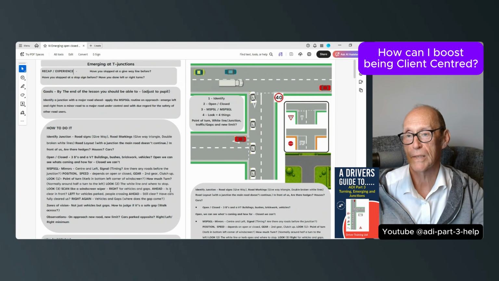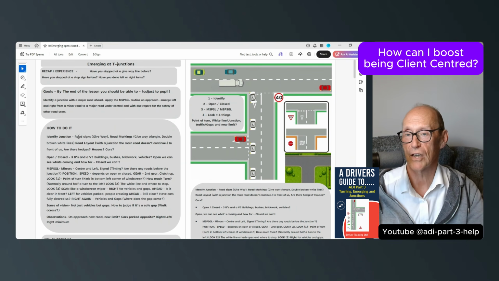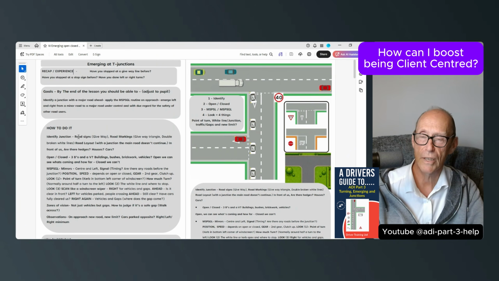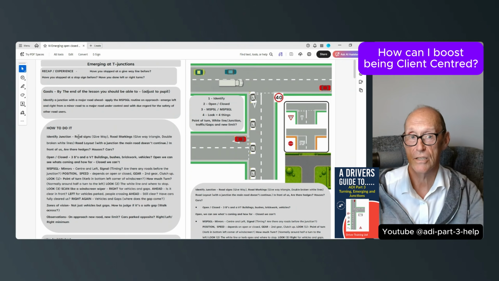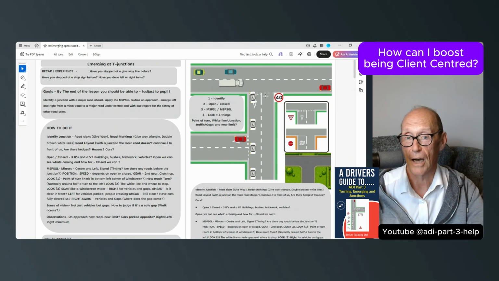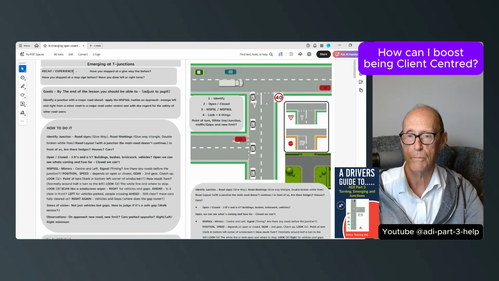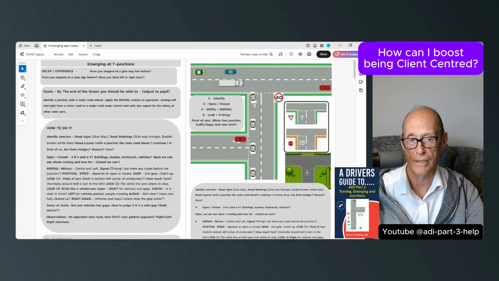So the first thing we need to do is identify the junction, and we do that by road signs. Do you know what sign we should see? Oh, give way. Road markings, double broken white line, or the road layout. You see, with some junctions, Chris, you have unmarked junctions, or the road markings are faded.